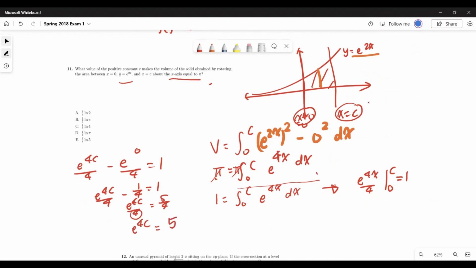In order to cancel out e, I'm going to take ln of both sides. 4c equals ln 5. Then c equals 1 over 4 ln 5 because I divide by 4 on both sides. So the answer for this question is E.